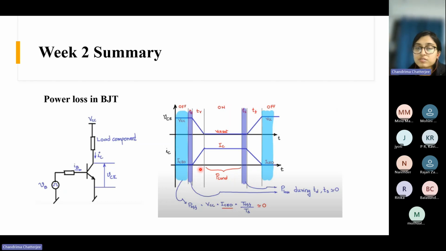So yeah, that there is conduction loss, there is turn on loss, there is turn off loss. Is this clear? Okay. So, yeah. So these are the various types of losses.